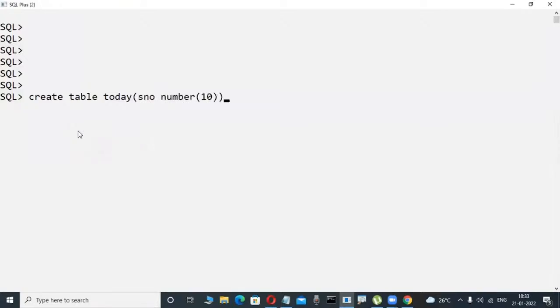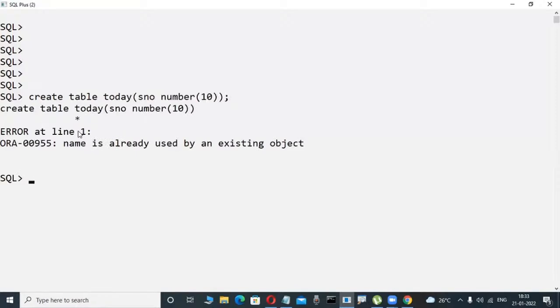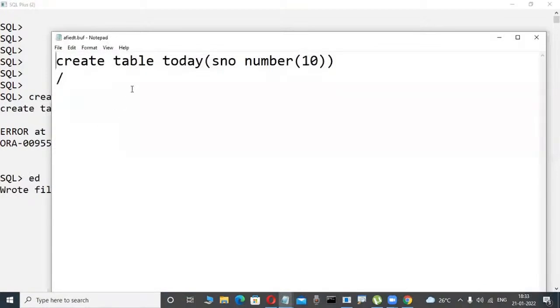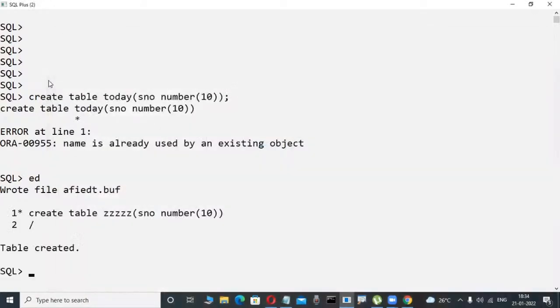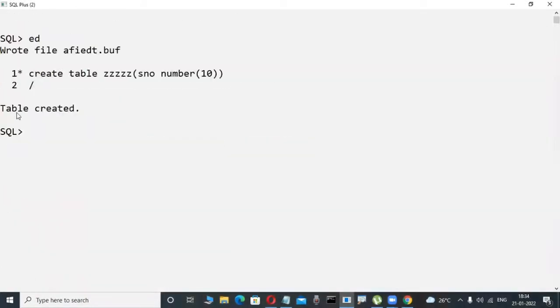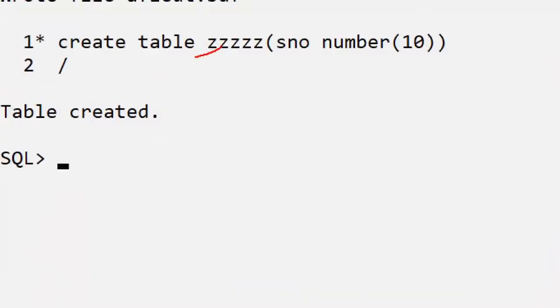Slowly observe it here, concentrate. Suppose Z is a table. For example, I am creating it. Z is the name I am giving.